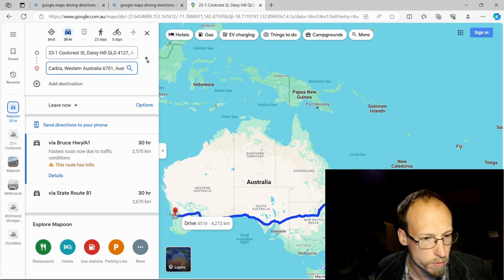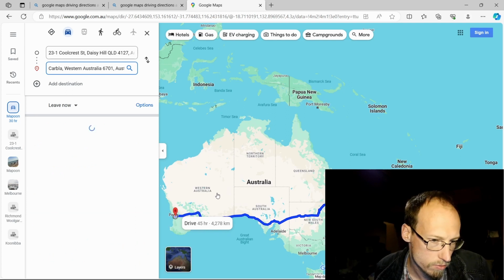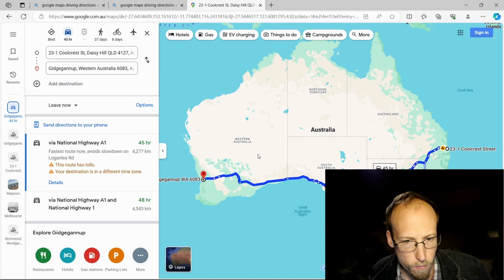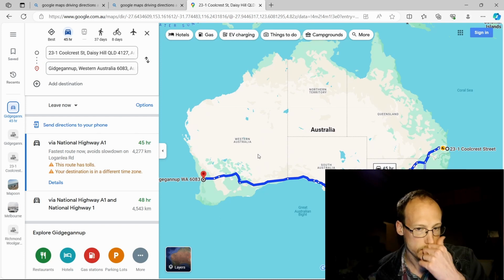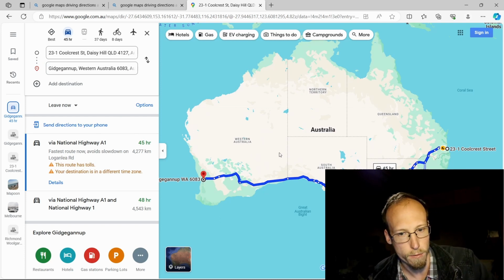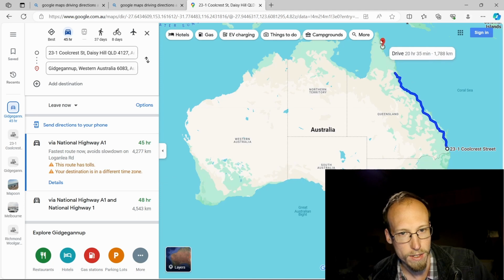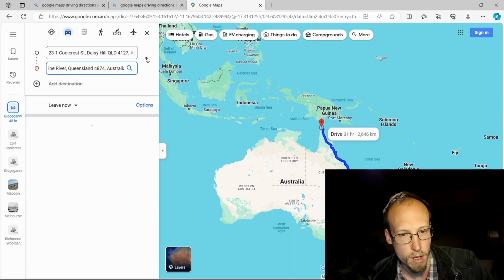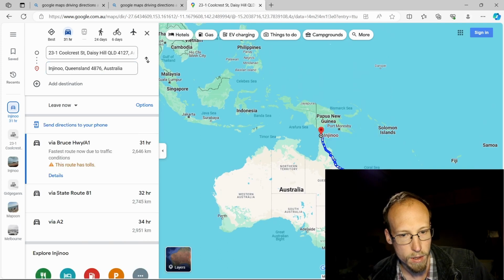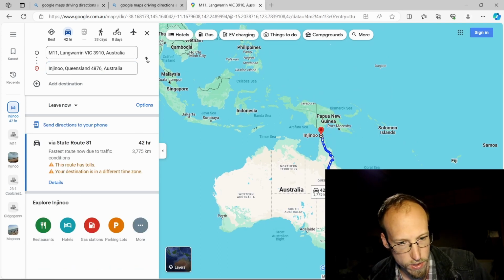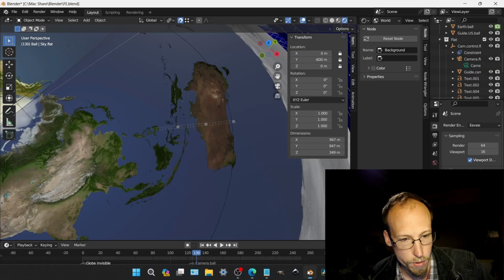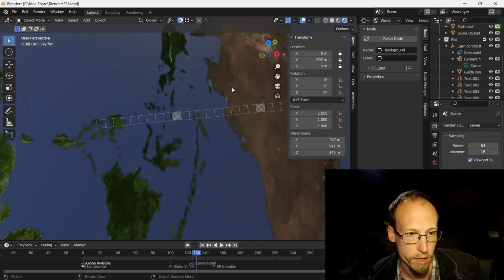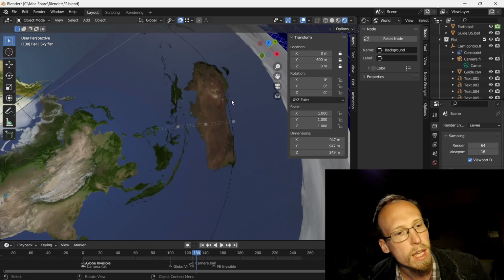Let's just say there, because that's way closer to what it actually would be. 4,277. So that's 45 hours. These are roughly the same amount of time. Compare this distance and this distance on a globe, and then compare this distance and this distance on a flat Earth map.